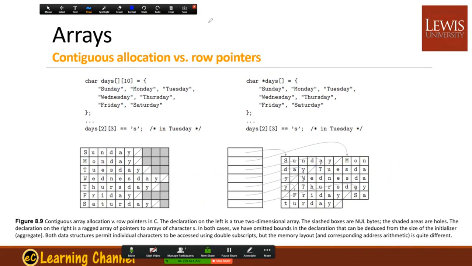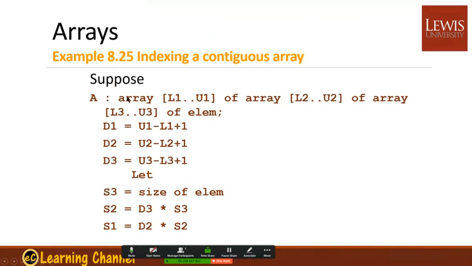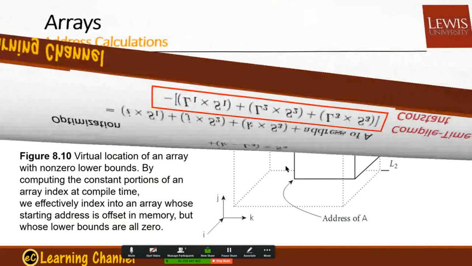So in terms of declaring an array of arrays or an array of pointers, you have different strategies. Here is the calculation for a 3-dimension object. Basically you calculate the third dimension times the second dimension times the first dimension, and you will be able to access a 3D array's elements.